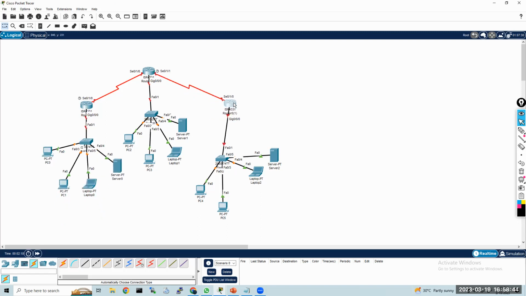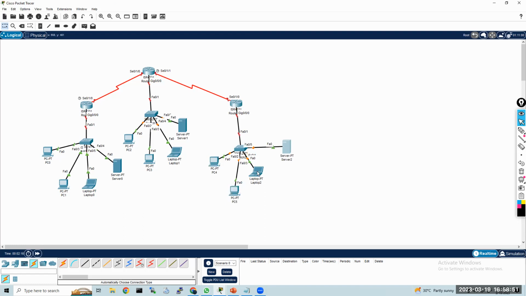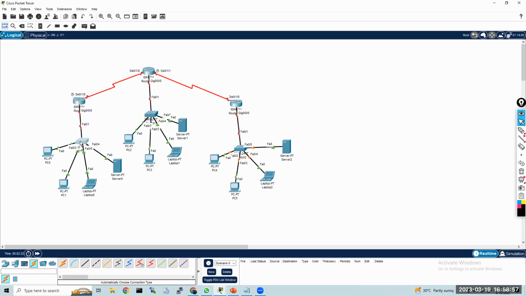Who is ready to accept my challenge, guys? I want you people to configure this lab. Who will configure? I want to see whether you are following my teaching or not.